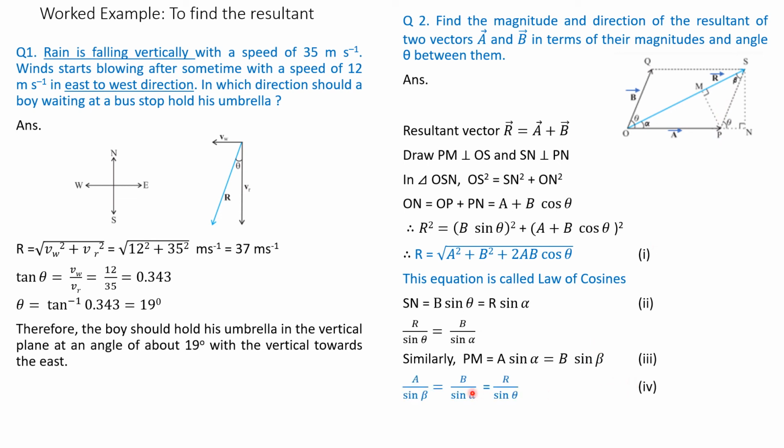Simplifying, we get A by sin beta equals B by sin alpha, which itself is equal to R by sin theta. You remember, this equation is called the law of sines.